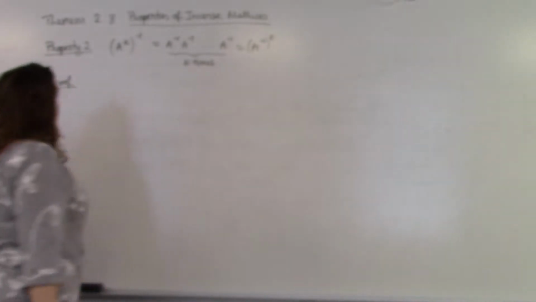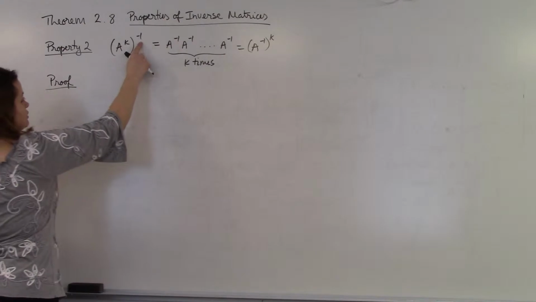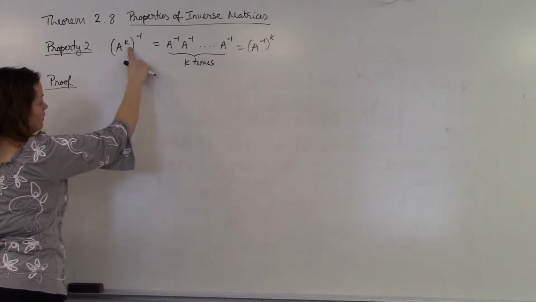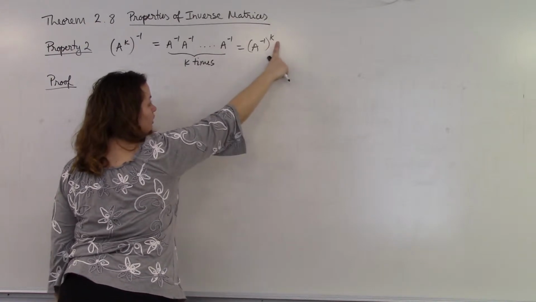So now we're going back to property 2 of Theorem 2.8, which is properties of inverse matrices. We have to show that the inverse of A to the k is the inverse of A raised to the kth power.